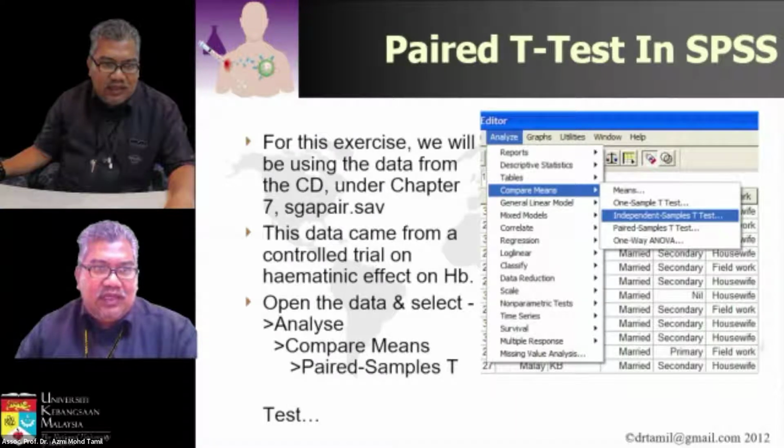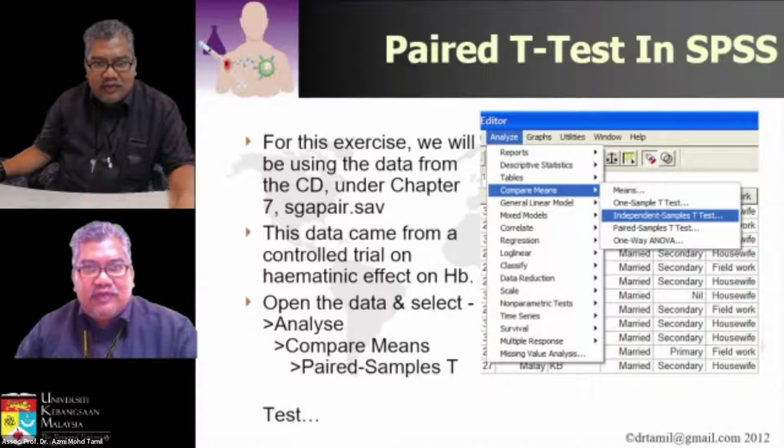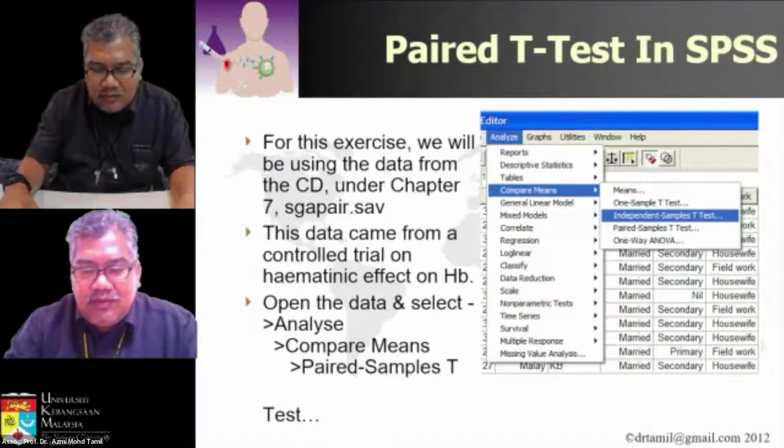Because if below 11, you've got a bigger problem. Never mind. But for this purpose today, we're going to use below 11. So we're going to go to Data, Select Cases. I'm going to select those with the HB level below 11.